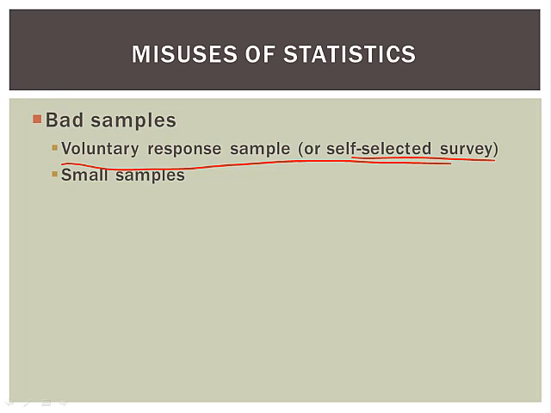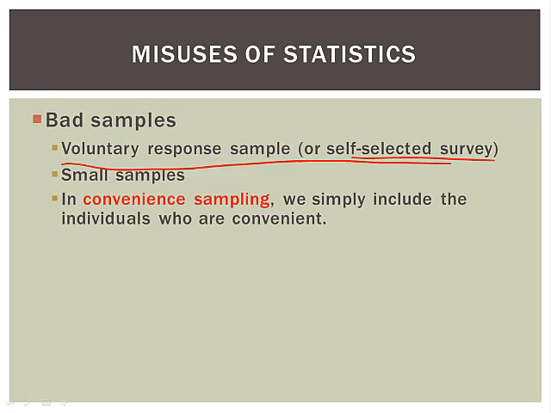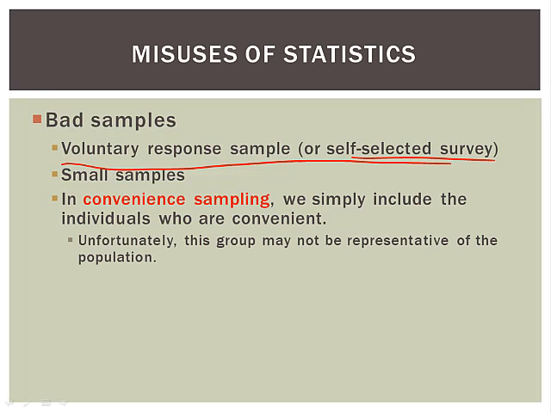Small samples. If you're sampling 7 or 8 people, that's way too small. We will talk about what sort of samples you need in order to know how confident you can be about your conclusions. Convenient samples: really only including individuals who are convenient. This group may not be representative of the population.